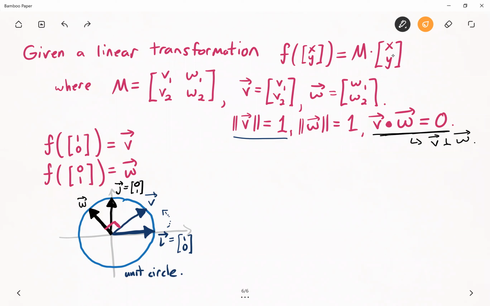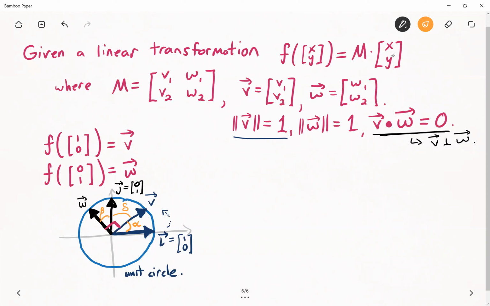Why must this be true? Well, let's think about it this way. Let's say the angle between I and V was alpha, and the angle between W and J was beta. Given those two angles, and let's say the angle between V and J, let's call that delta. We know that alpha plus delta must be 90 degrees.